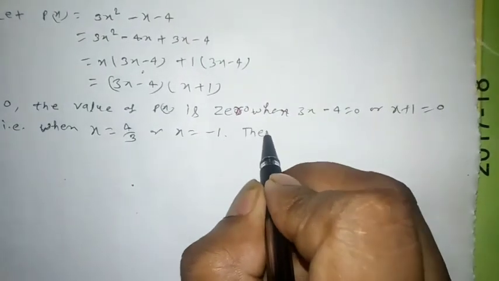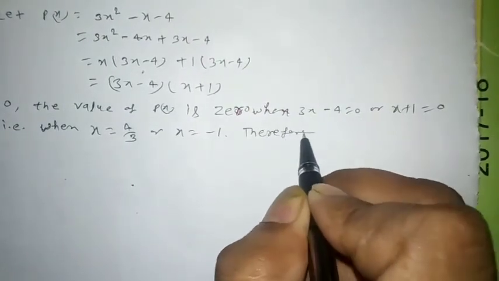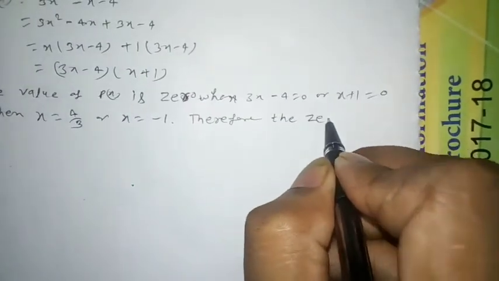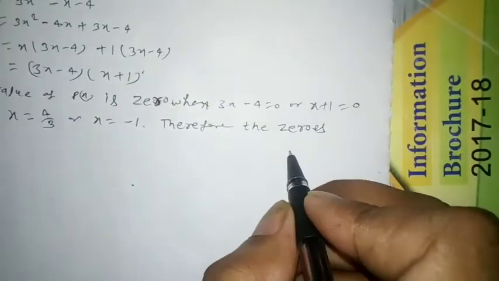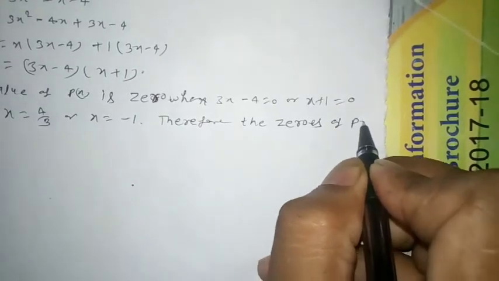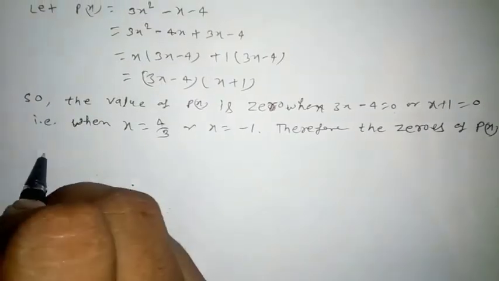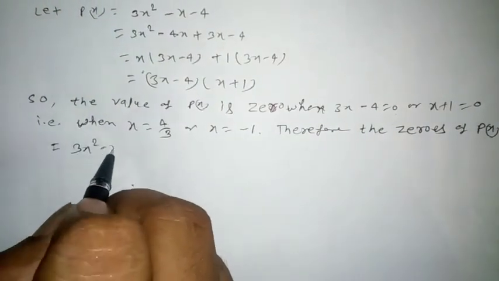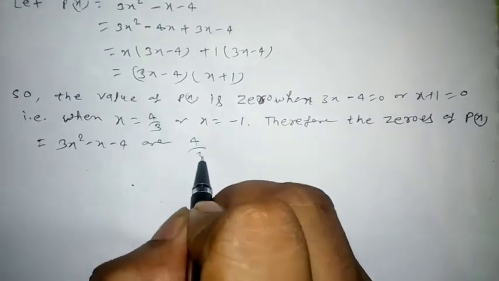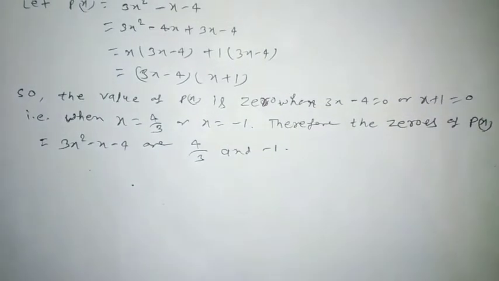Therefore the zeros of px, which is 3x square minus x minus 4, are 4 by 3 and minus 1.